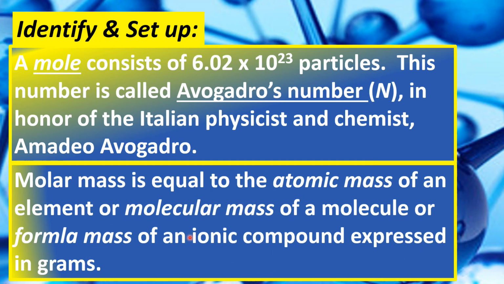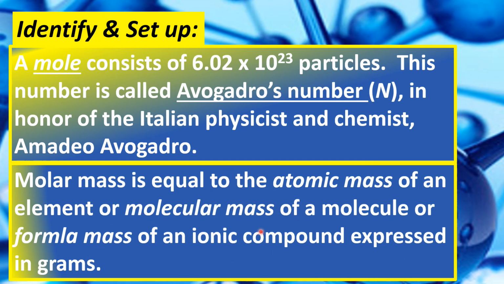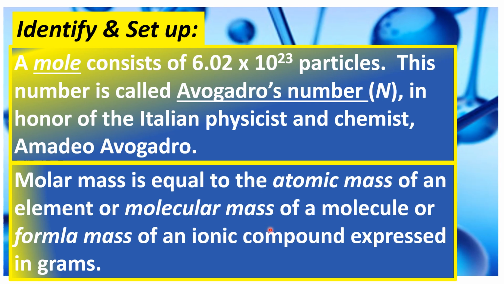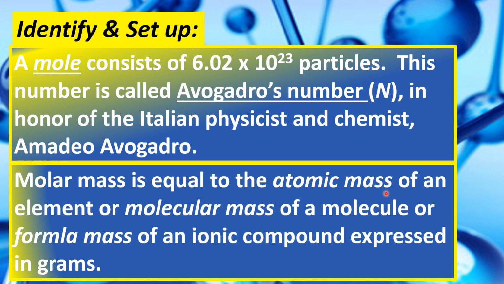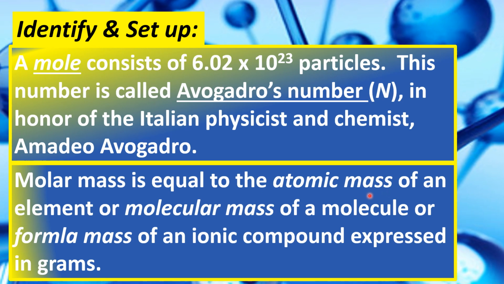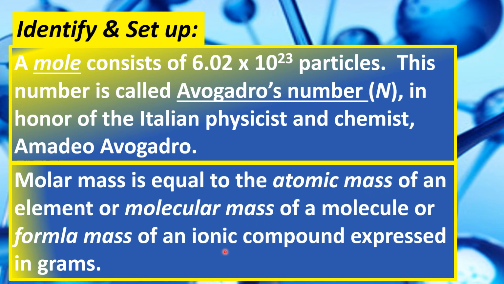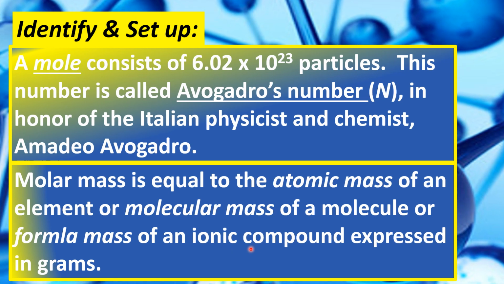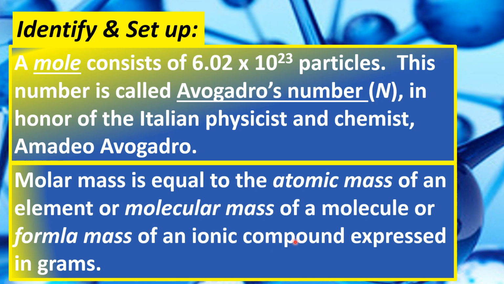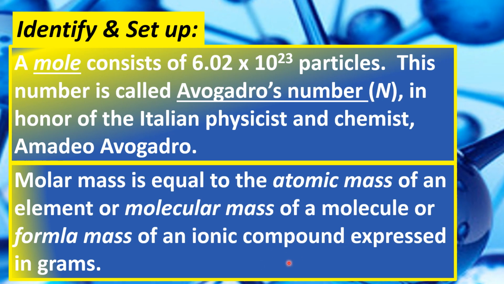If we are referring to just an element, its molar mass is automatically equal to its atomic mass. But if we are talking about a compound, its molar mass is its molecular mass or formula mass, also expressed in grams.